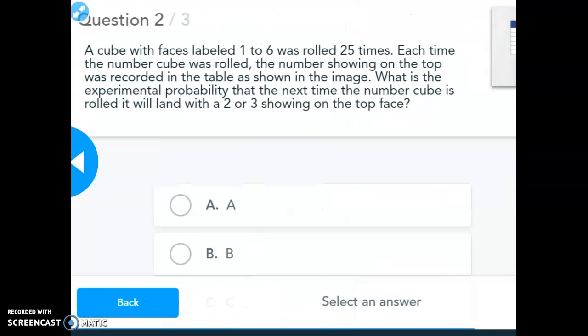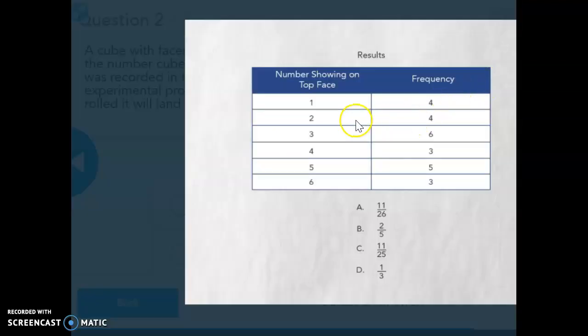A cube with 6 faces labeled 1 to 6 was rolled 25 times. Each time, the number showing on top was recorded in the table. What is the experimental probability that the next time the number cube is rolled, it will land on a 2 or a 3 on the top face? Okay, 2 or 3.